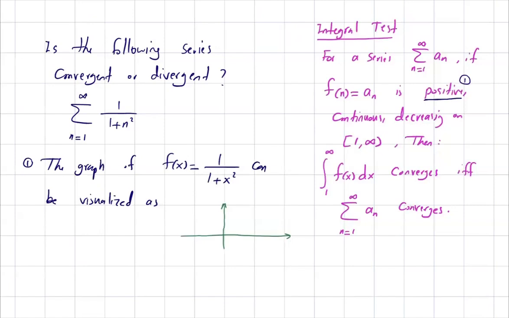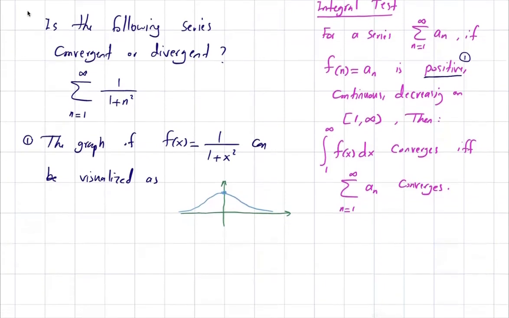When x is equal to 0, you get 1 back. So as you can see, the graph is above the x-axis. It's part of the positive part of the y-axis.